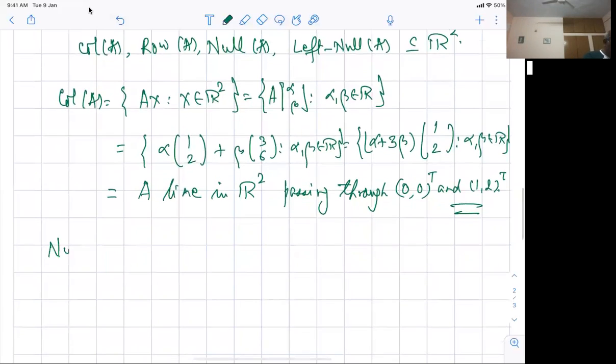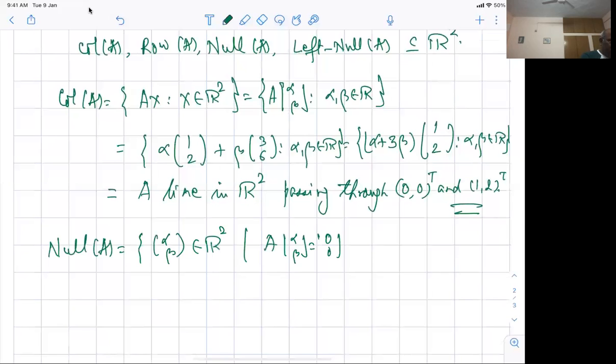What is the null space of A? Let's look at this. The null space of A is the set of (alpha, beta) belonging to R2 so that A times (alpha, beta) is (0, 0). This is what I need. Fine.